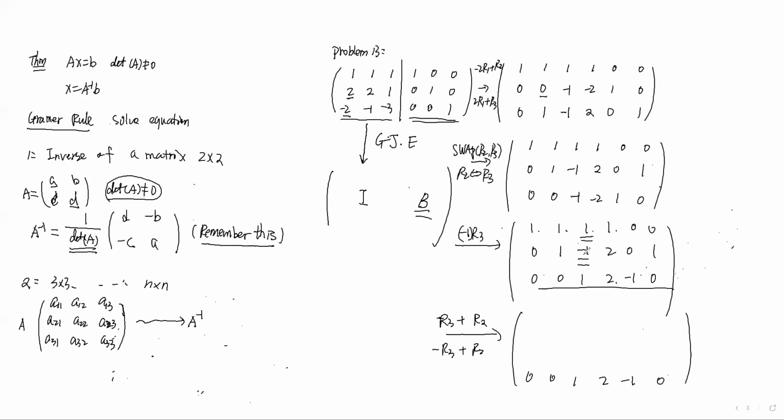So your goal is to cancel this place. You will not affect this place. 1 0, just add them together. You get 4 negative 1 1. So it's kind of negative R3 added to this. It's equivalent to R1 minus R3, right? You get 0. Oh no, 1 1 0 negative 1 1 0.